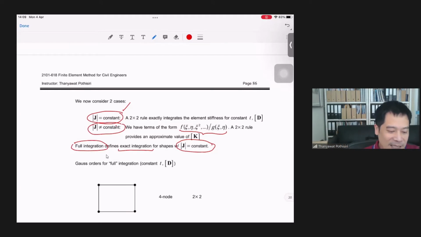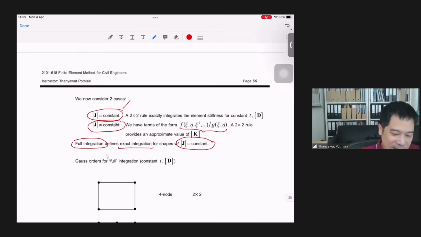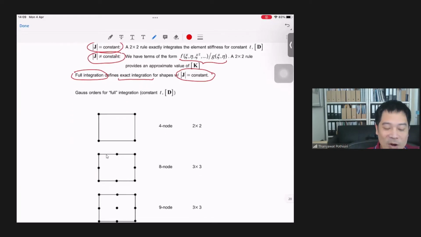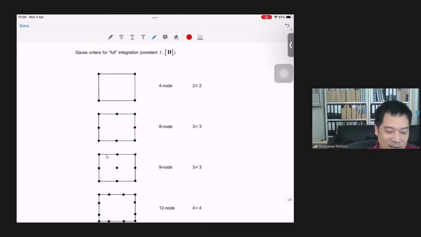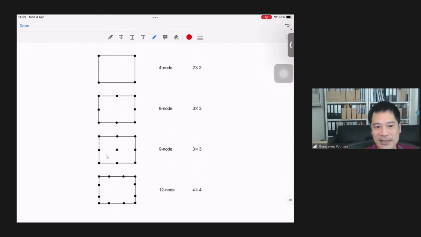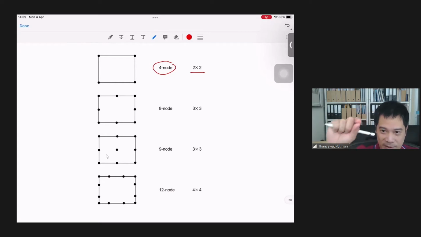Okay, so examples of full integration order for different types of elements are shown here. For a 4-node element, the full integration order is 2x2. So it means that you can use the 2x2 points rule to exactly integrate the element stiffness matrix if J is constant.